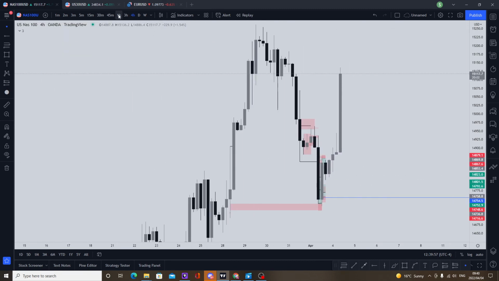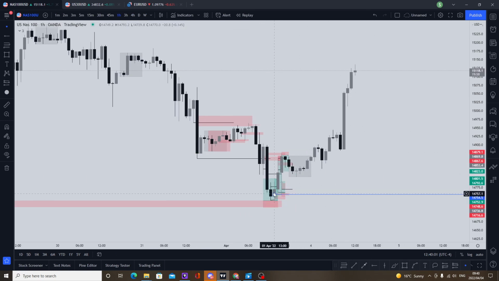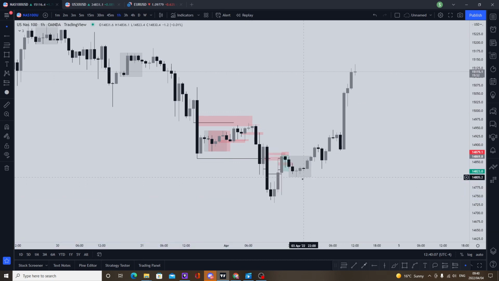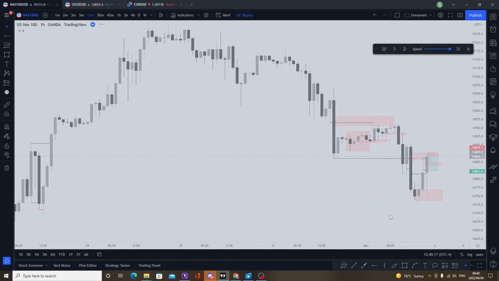I think it was on H1 if I'm not mistaken. Yeah, it was on H1. You see the H1, this is the candlestick on H1. Then let me try to do something like this so that I can delete. This is H1. Now I'm looking for where I'm going to buy.